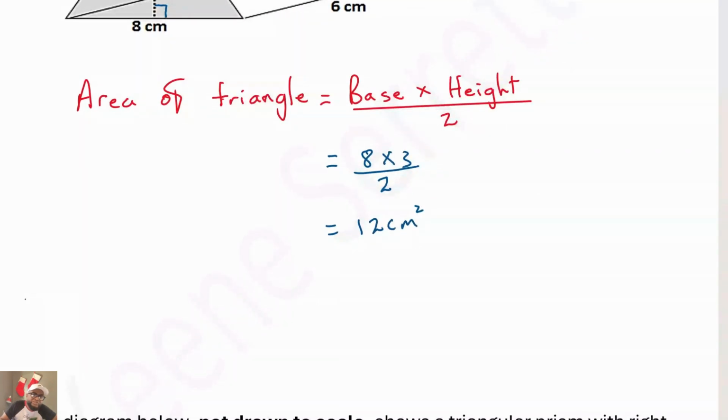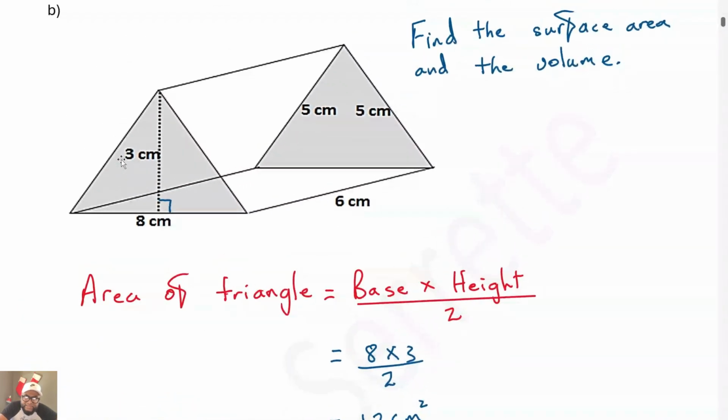Right, let me go. How many rectangles do we have? Three. So let me go. Area of rectangle. This question has two rectangles that are the same. You all saw that? The rectangle on this side and the rectangle on the next side are the same. Both of them will be 5 by 6.